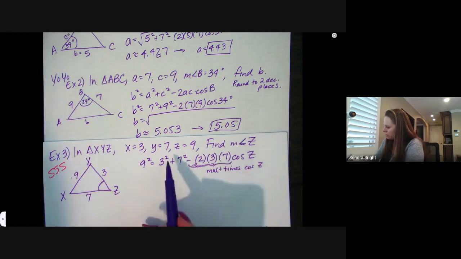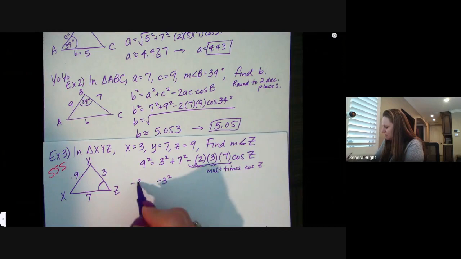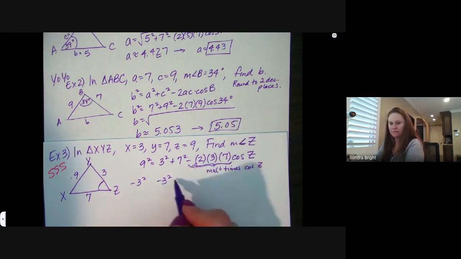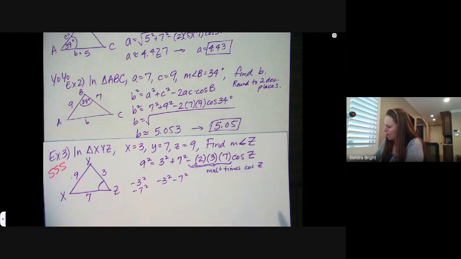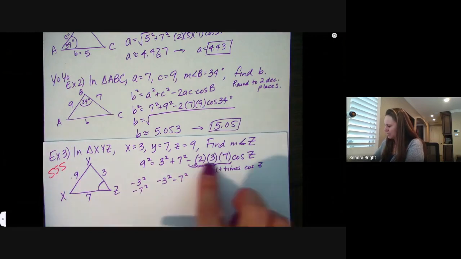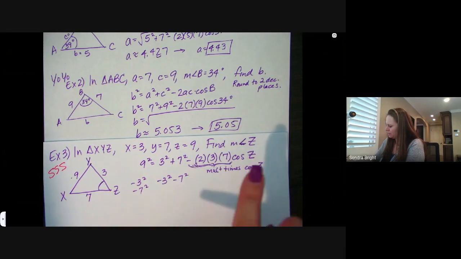So you'll subtract the 3 squared from both sides. You'll subtract the 7 squared from both sides of the equation. Does that make sense? But you don't go adding this number because it's being multiplied times cosine, if that makes sense. Maybe we should clean it up first.